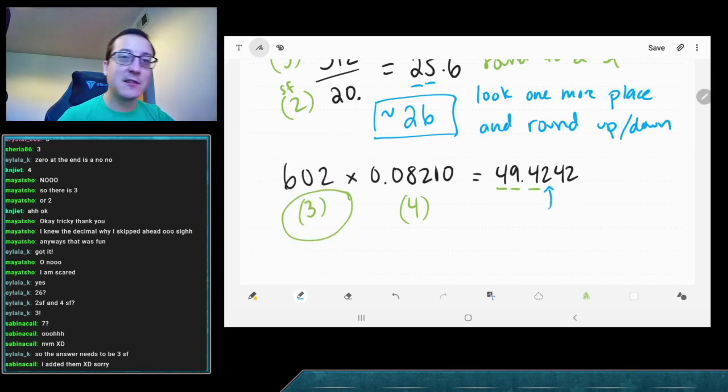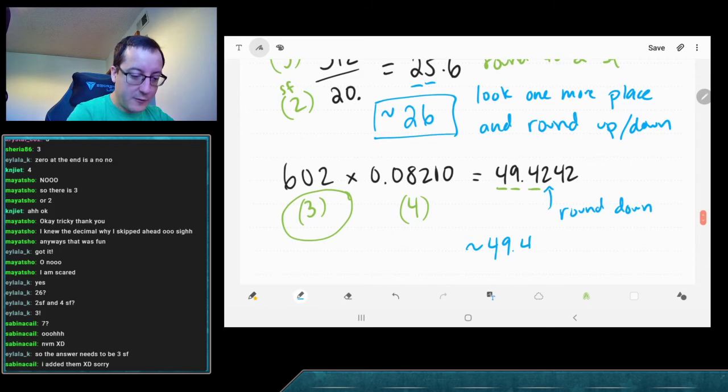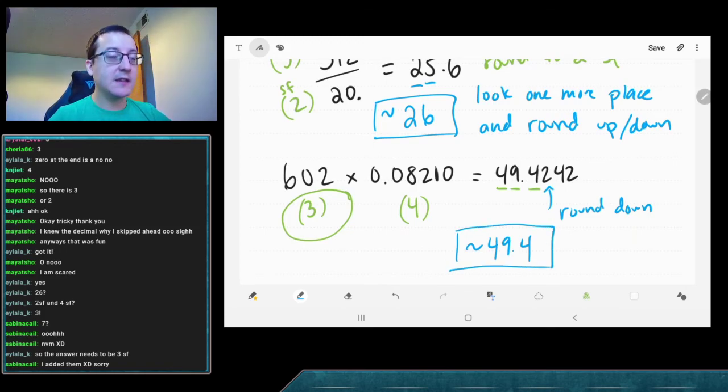We look at this 2, and that tells us we round down. So our final answer will just be 49.4. If it's rounded down, you just cut off everything else. Just get rid of it. So our answer here is going to be 49.4.